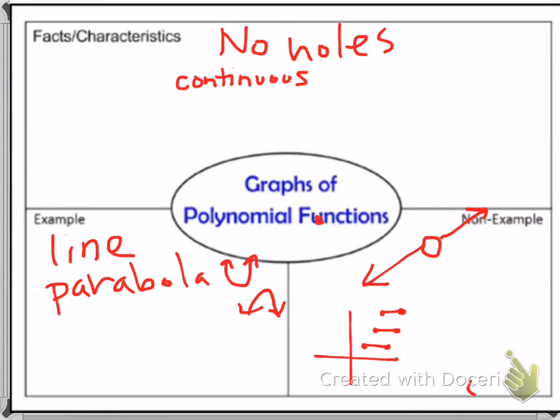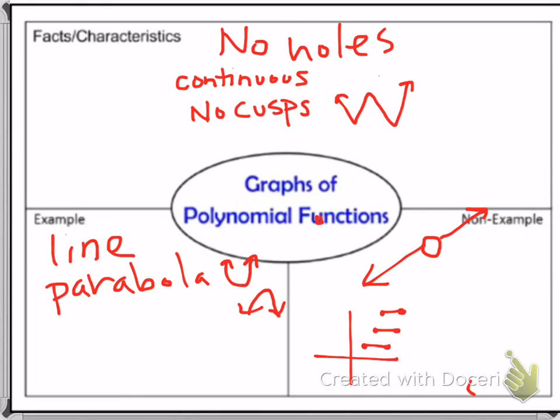Okay, besides having no holes and being continuous, the other thing you need to know is that it can't have anything called a cusp. Have you guys ever heard that word before, cusp? Yes. It's spelled like this. A cusp is when you're looking at a graph and it has definite sharp points like here and here. Those sharp points would be called cusps, and a polynomial function can't have those.